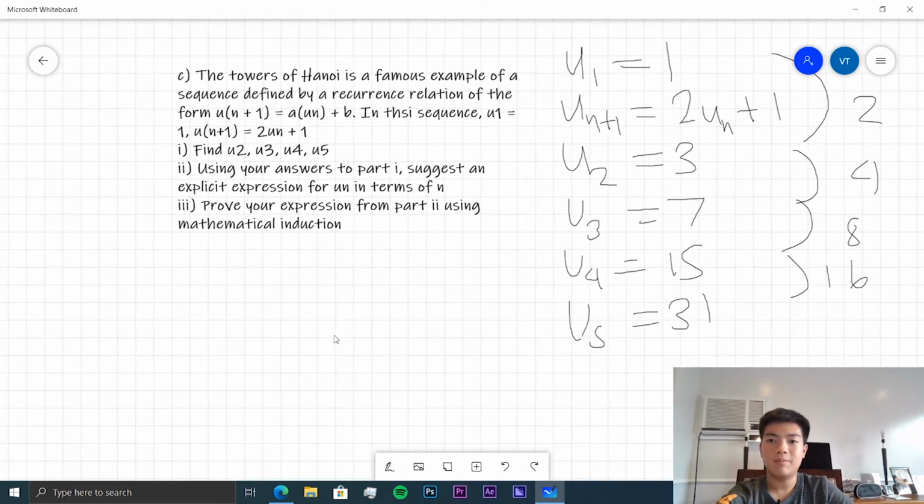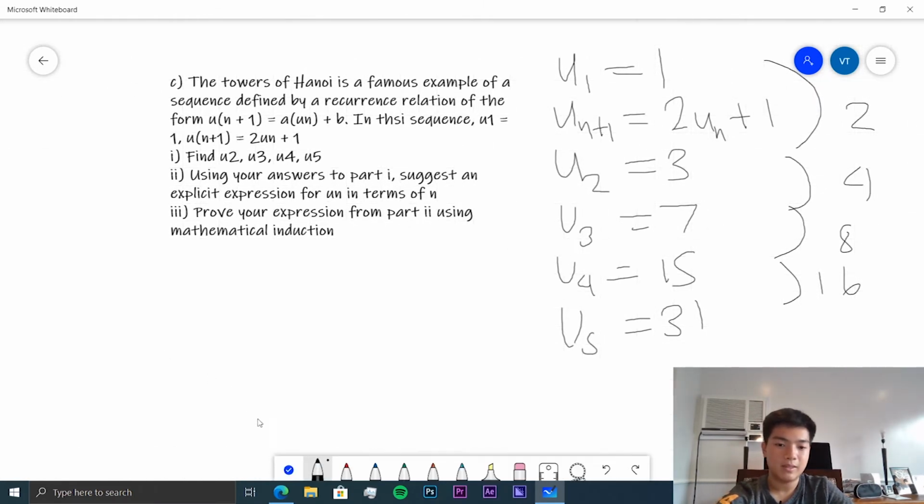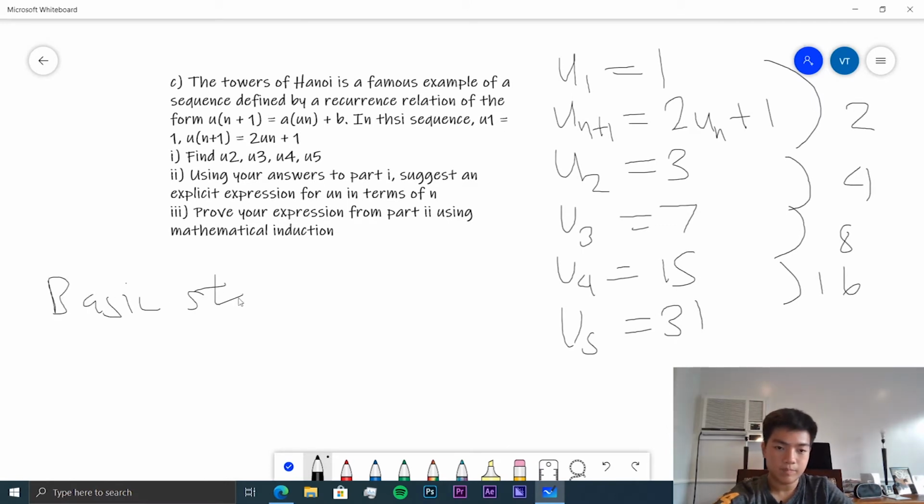So for the first step, the basic step, we need to prove that 1 is equal to 2 to the 1 minus 1.